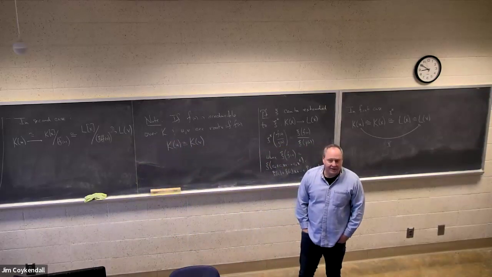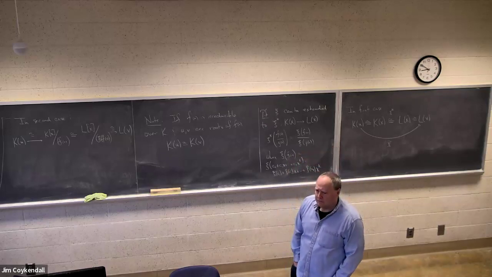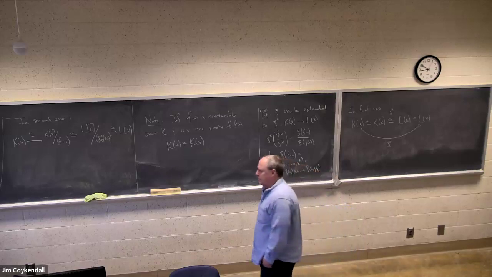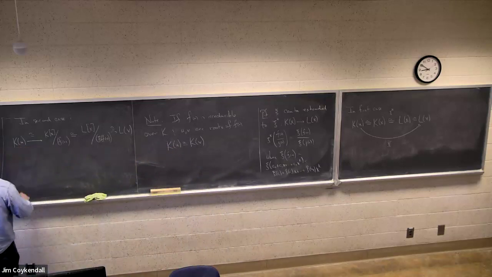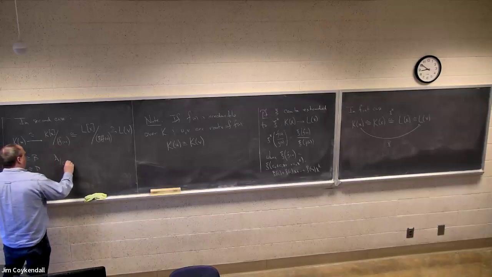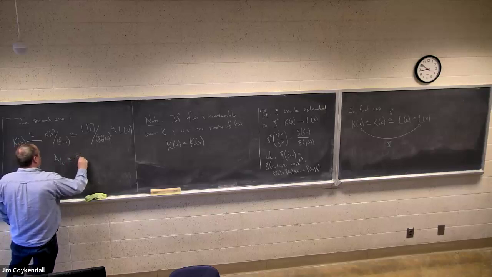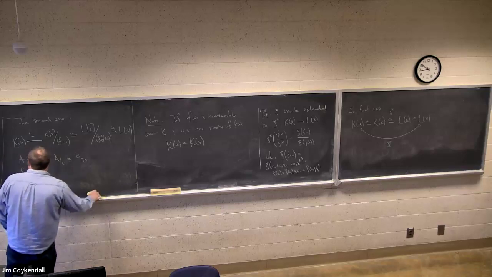Okay, others. Yeah. Is that true in general? If A is isomorphic to B and C to D, is A over C isomorphic to B over D? No, that won't be true in general.